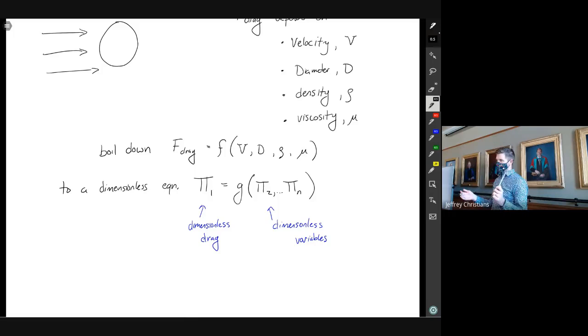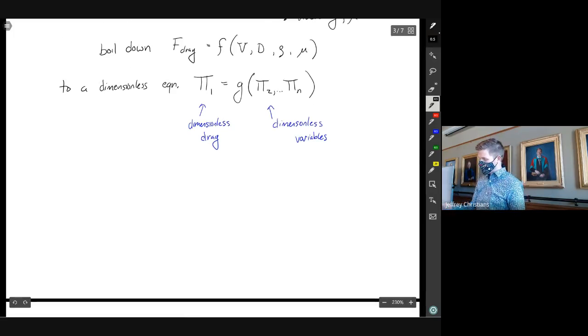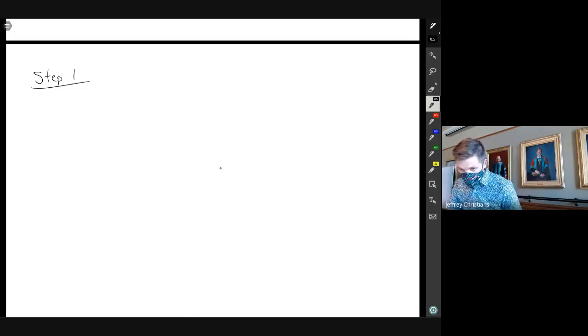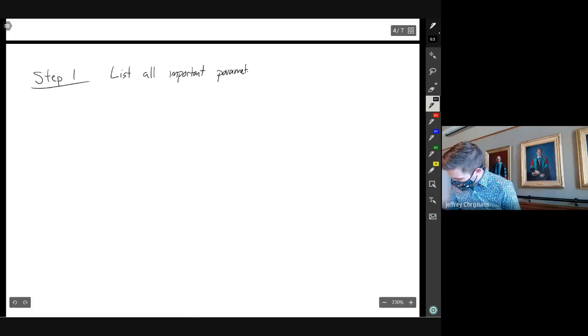Okay, so it will look easier to understand as we actually go through it. It's a formalized procedure, so we're going to go through all the steps. Step 1 is list all important parameters. Okay, so we already did that.